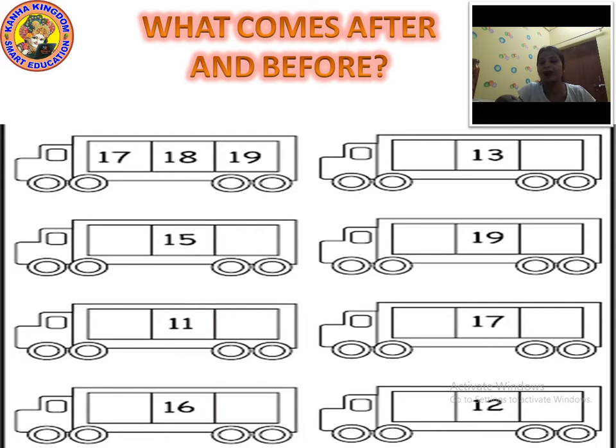What comes after 17? 18. And what comes before 17? Before 17, 16 has come. And what comes after 16? 17. And before 16, 15. So we have to write here 15 and 17.